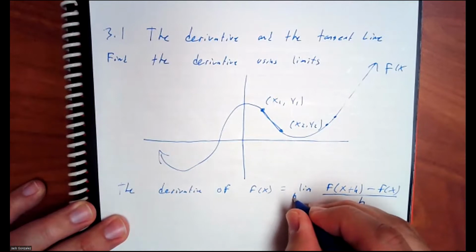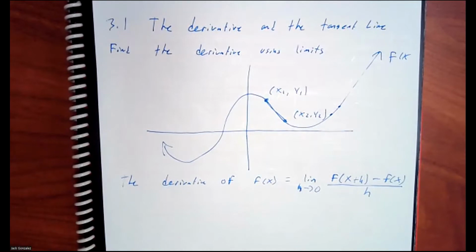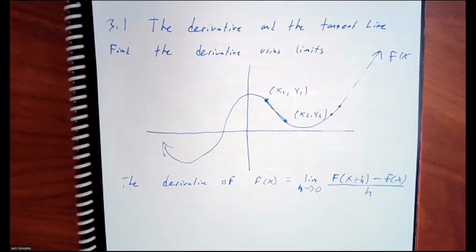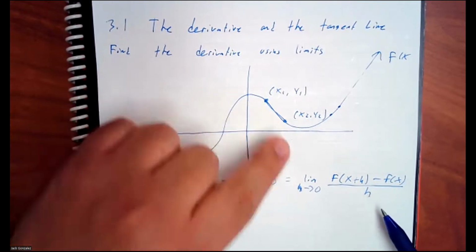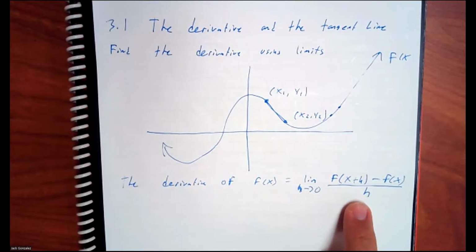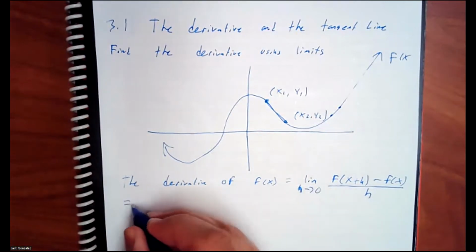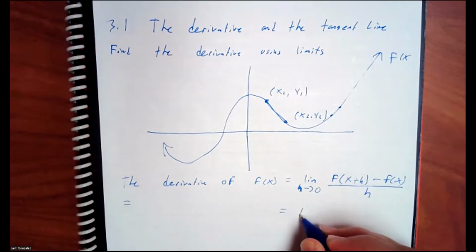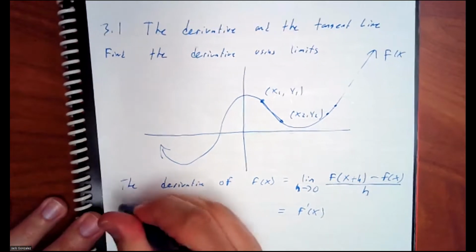So you're allowing h to go to 0. This is like an alternate form of the slope of the secant line back in college algebra. We're trying to shrink the distance between x1 and x2, letting it go to 0, meaning we're letting them be equal. And if they're equal, that is a single point. It's not two points anymore. That's why we're letting it go to 0. So using this, you end up finding f prime, which is what we denote as the derivative.